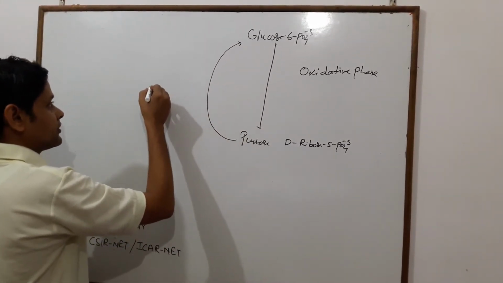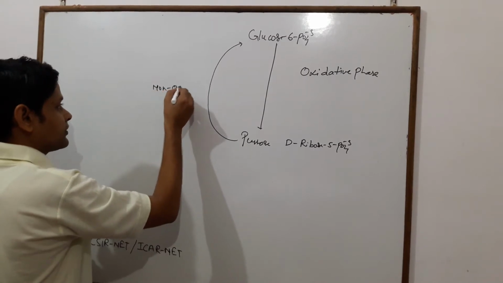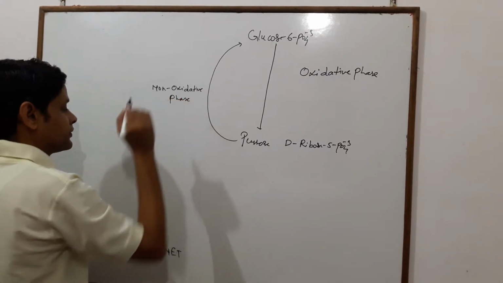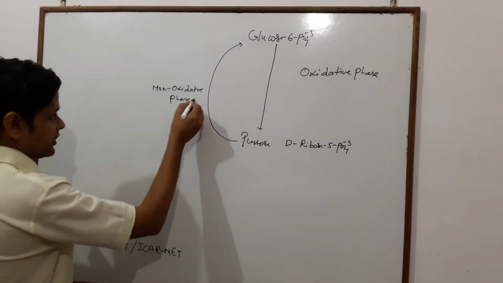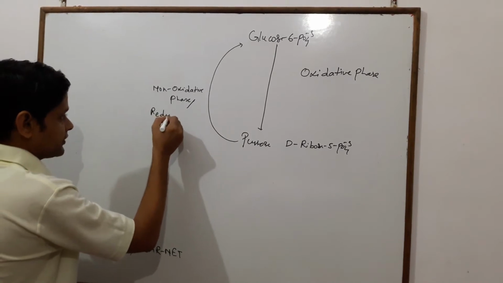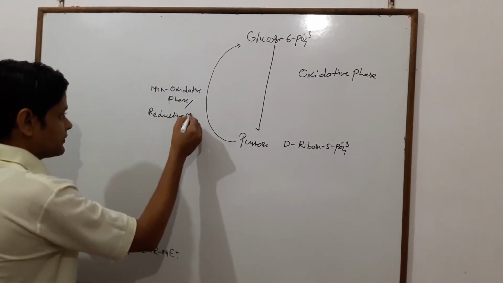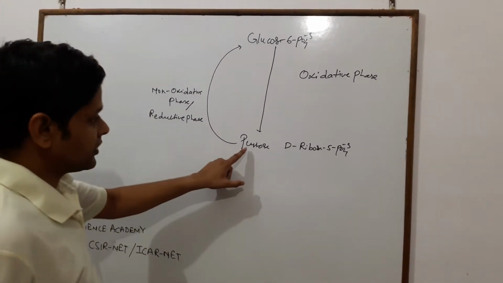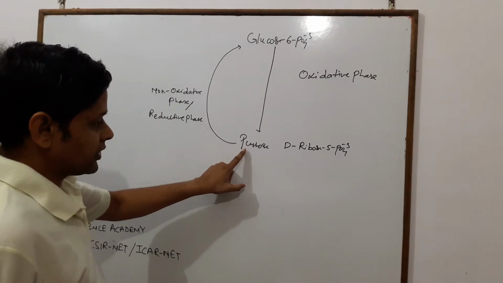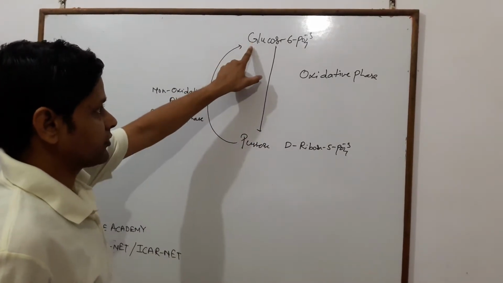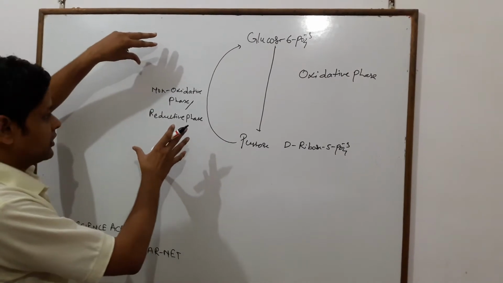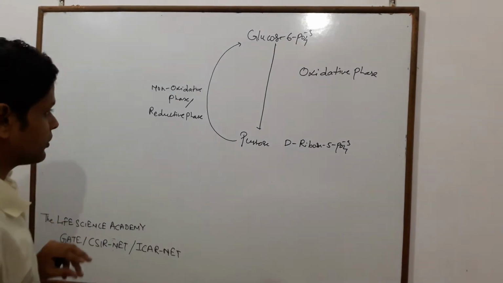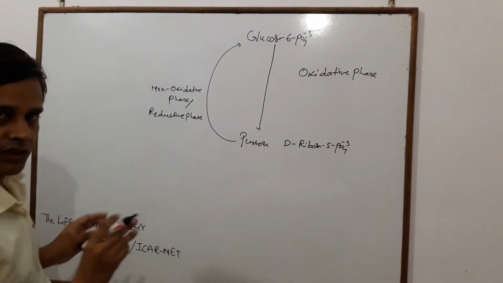Okay, this is the non-oxidative phase, or you can say the reductive phase. Between D-ribose 5-phosphate and glucose 6-phosphate, there are a number of other derivatives. So today we discuss these derivatives.